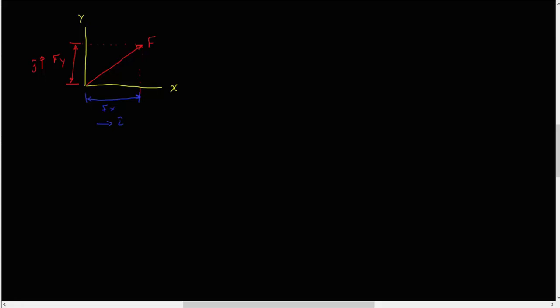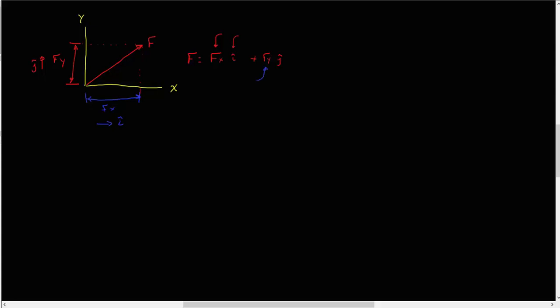So what we can come in and say is that my force is equal to the force of the x in the i direction plus my force in the y in my j direction. So this gives you your magnitude, and then this gives you your direction. And the same thing with your y.